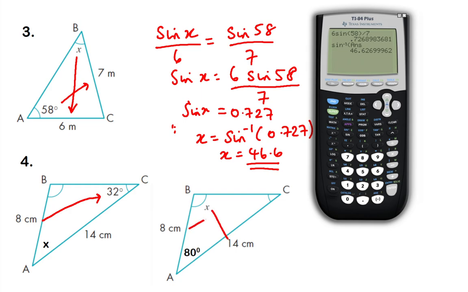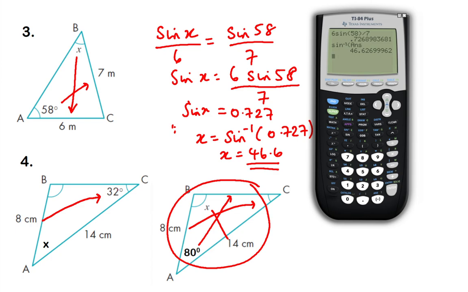The 8 goes with this angle, which we don't know and we can't find because we only know one of the angles, so you can't work out the rest if you only know one of them. And the 80 goes with this one, which we don't know. So this would be a situation where you cannot use the sine rule, and for this one we're going to have to use the cosine rule later.